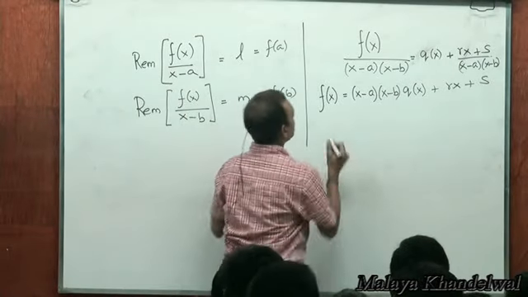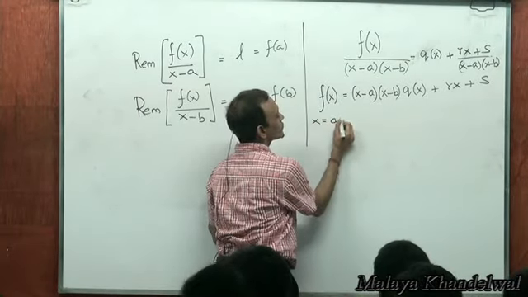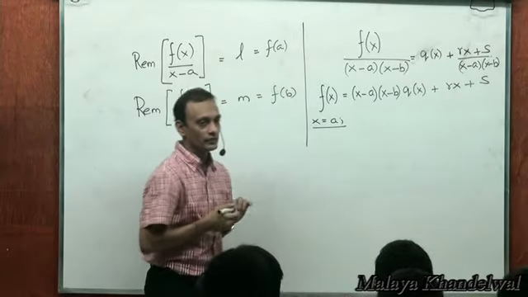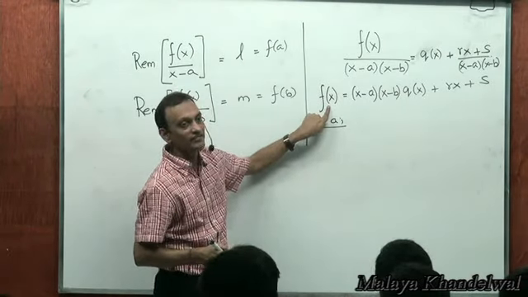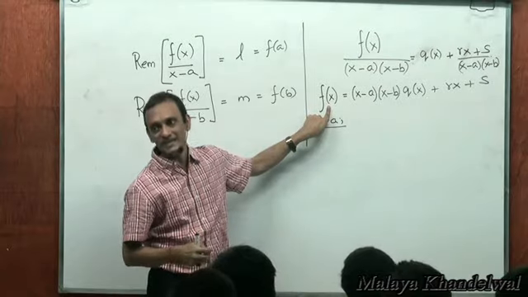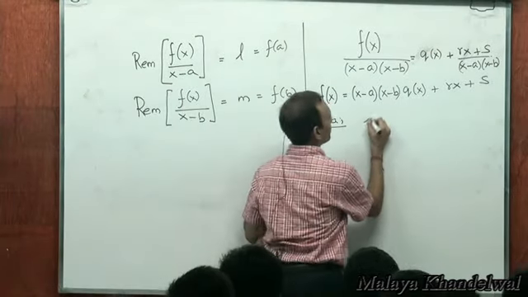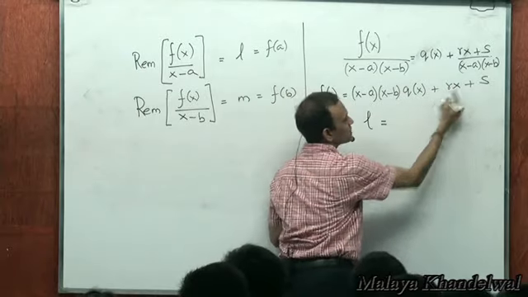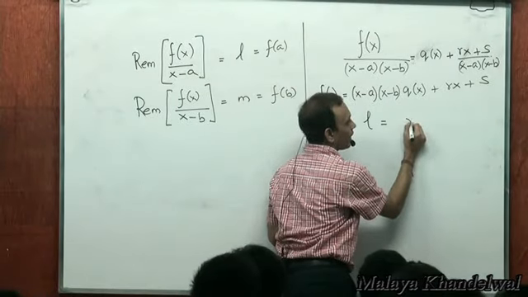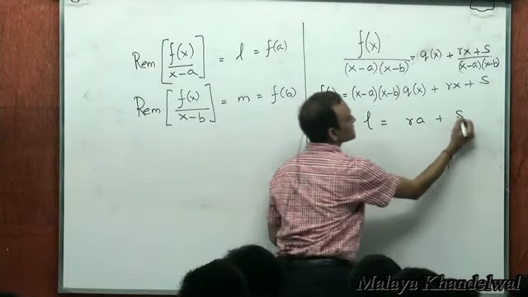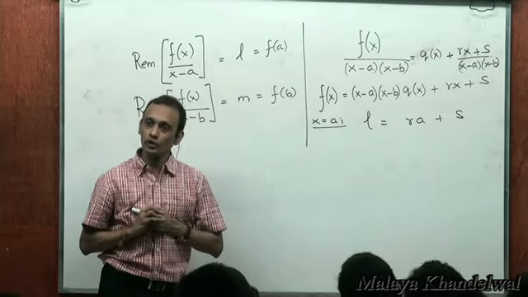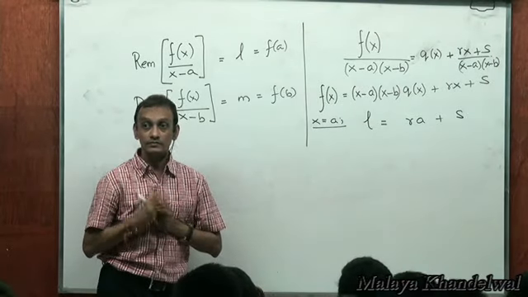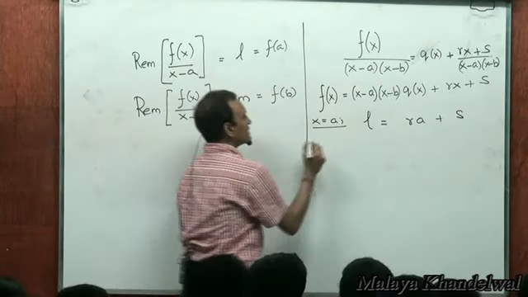Put x equal to a on both sides. Then this will become f(a), which is L, equals ra plus s. Put x equal to b.